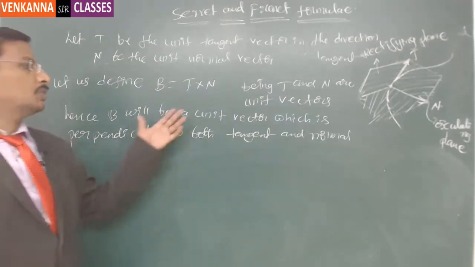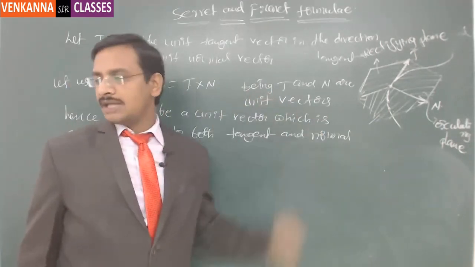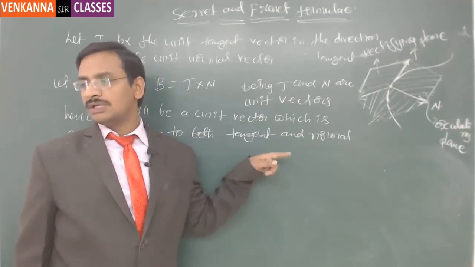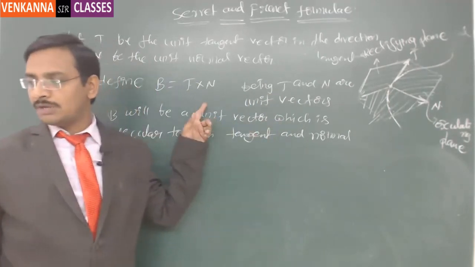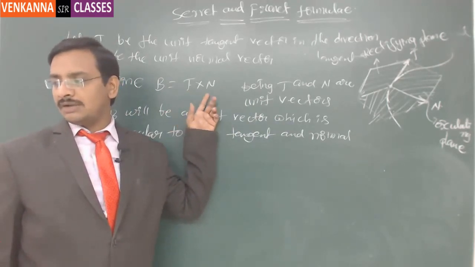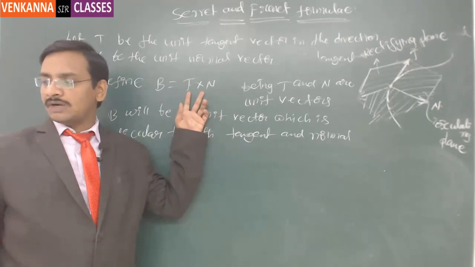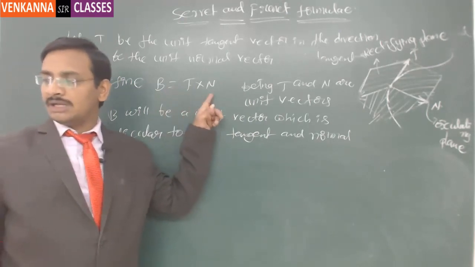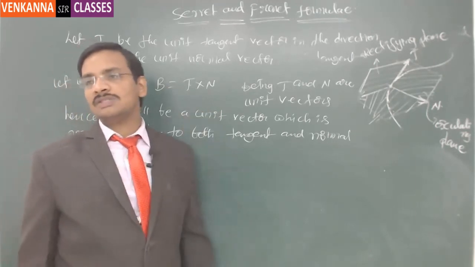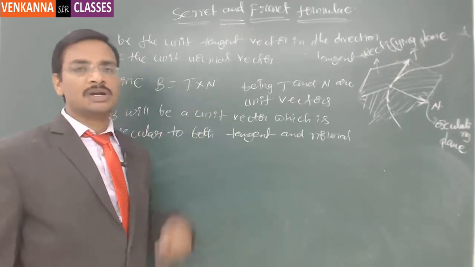Obviously, right? Here we started with the tangent, and the derivative of the tangent with respect to the curve, dt by ds, is coming out to be the normal direction. Then if you select t cross n, there will be a unit vector perpendicular to both t and n, because a cross product will always result in a vector perpendicular to both vectors.